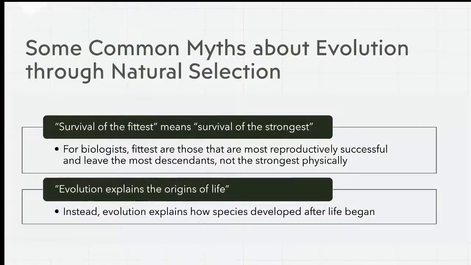Let's talk about some common myths about evolution through natural selection. Well, survival of the fittest means survival of the strongest. Well, for biologists, fittest are those that are most reproductively successful and leave the most descendants, not the strongest physically. Evolution explains the origins of life. No, instead, evolution explains how species developed after life began.